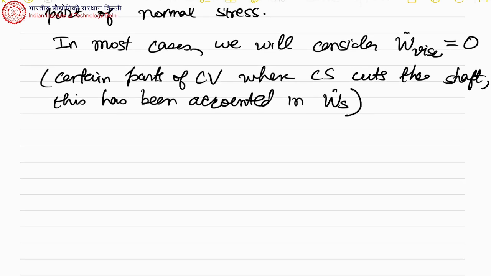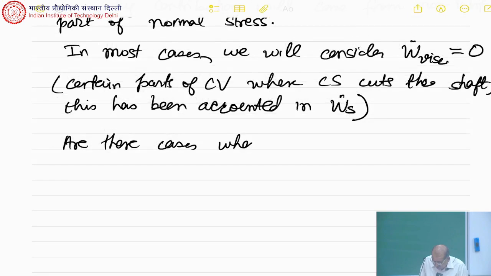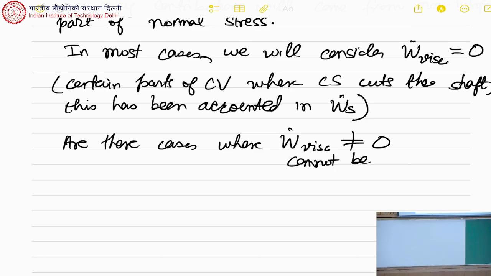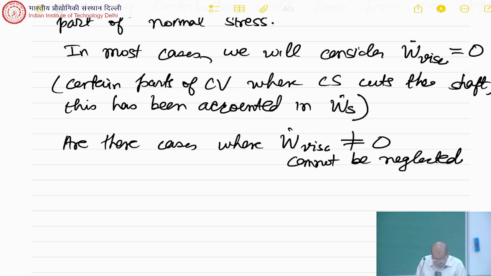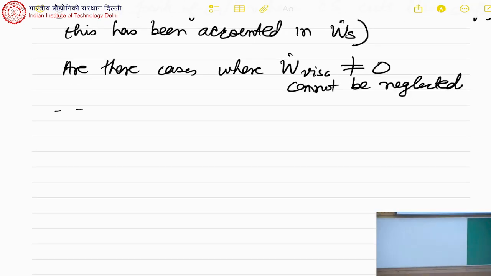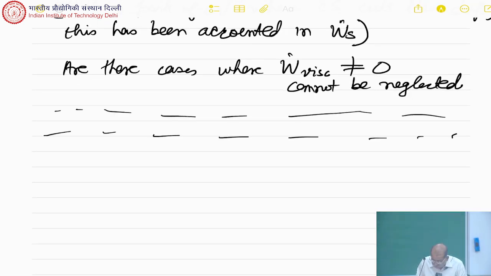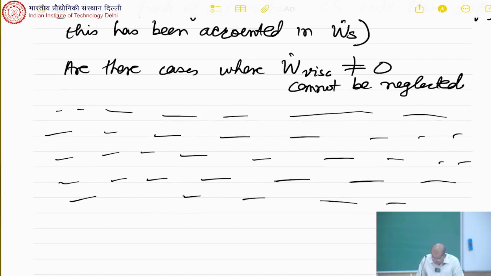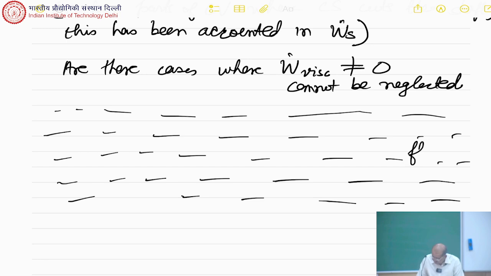Now, are there cases where viscous work cannot be neglected? So here, let's see our control volume. Let's consider an expanse of fluid.